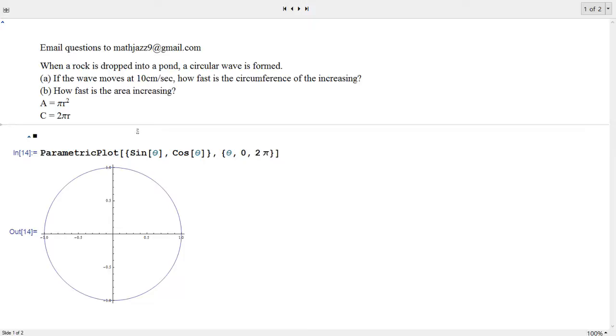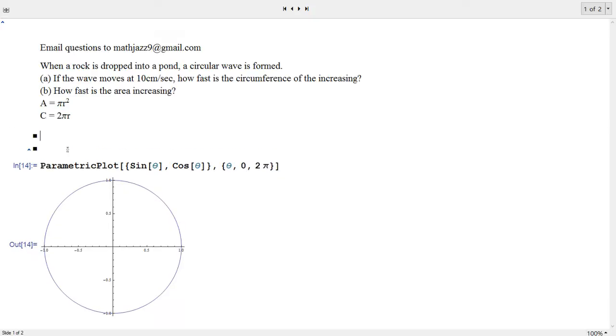Well, that's going to require us to take a derivative of the circumference equation here. We get the derivative of the circumference is equal to 2 pi times the derivative of the radius.